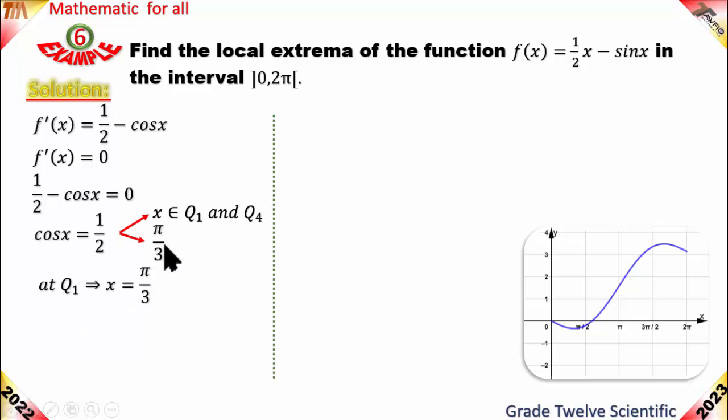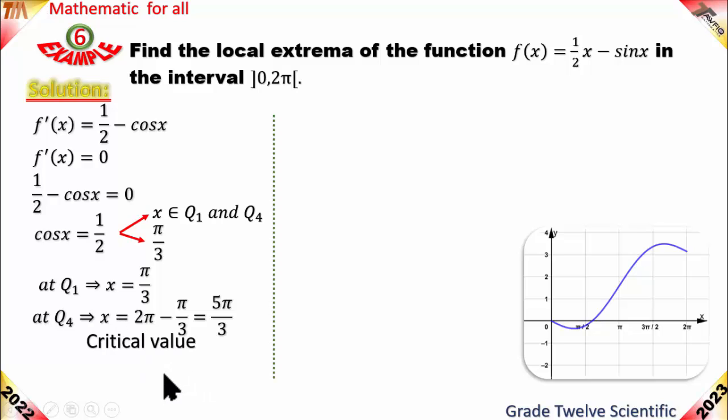In the first quadrant, x equals pi over 3, and in the fourth quadrant, x equals 2 pi minus pi over 3. 3 times 2 pi is 6, 6 minus 1 is 5 pi over 3. They are two critical points.